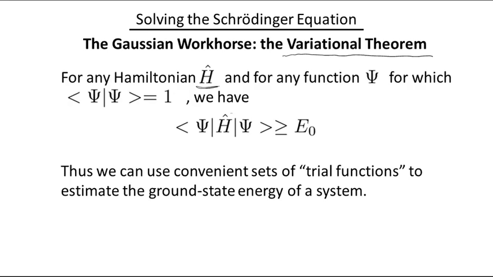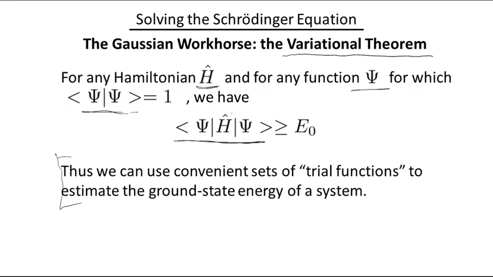So if we take any Hamiltonian, that means any Hamiltonian with reasonable properties, and any normalizable function, then the expectation value of the Hamiltonian over that wave function is greater than or equal to the ground state energy of the system.